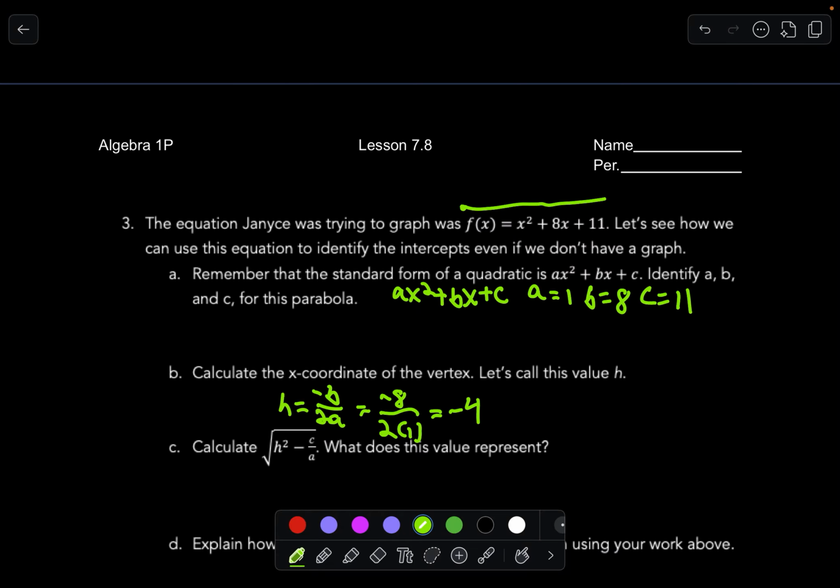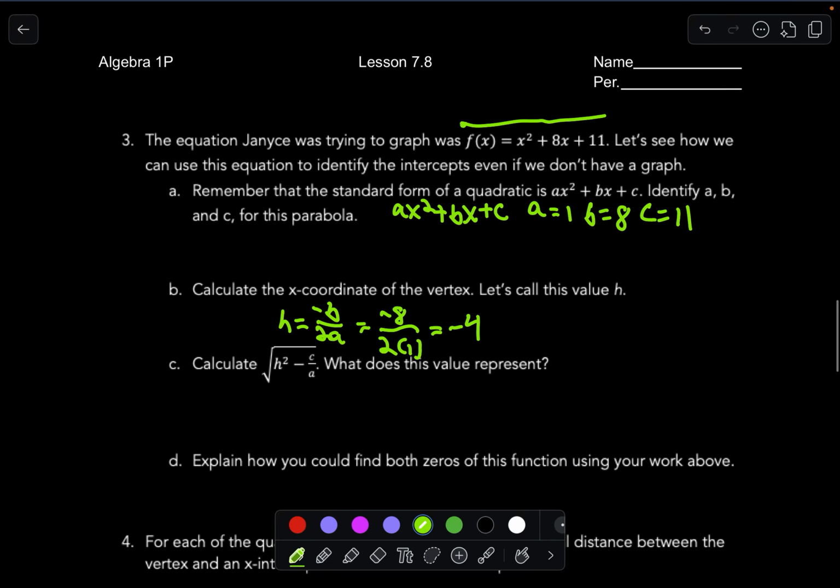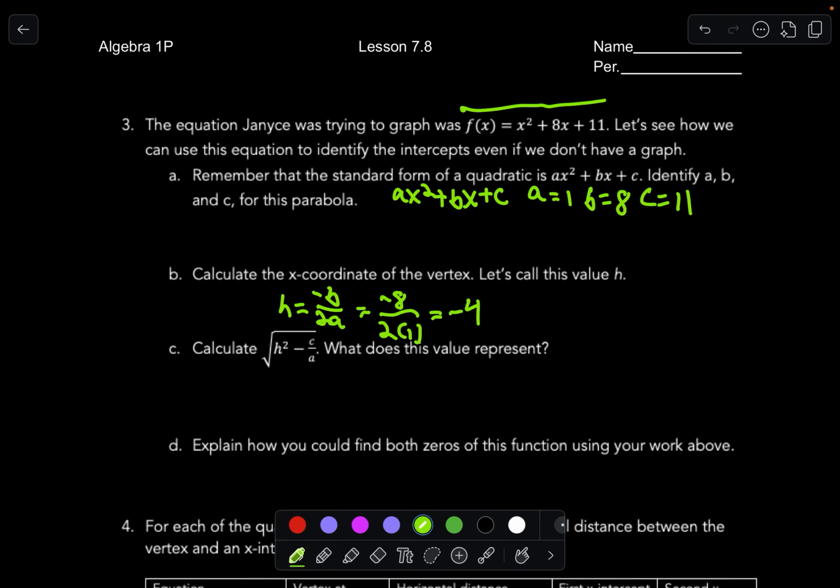Okay. Now that we got the x value of the vertex, we can calculate this expression. This is the distance d from the axis of symmetry to an x-intercept. They don't tell you how they came about it because it's a little bit advanced for you guys right now.